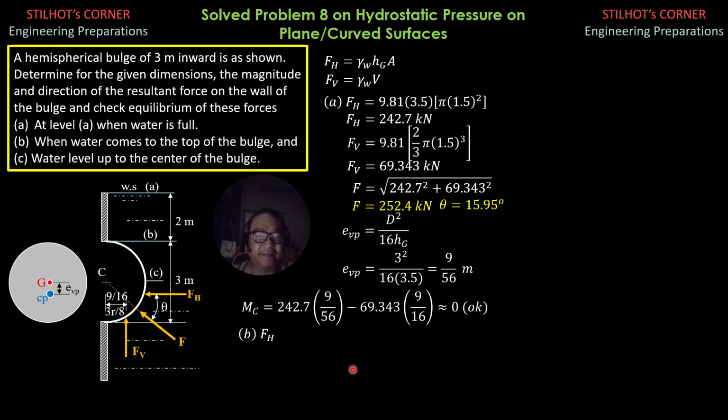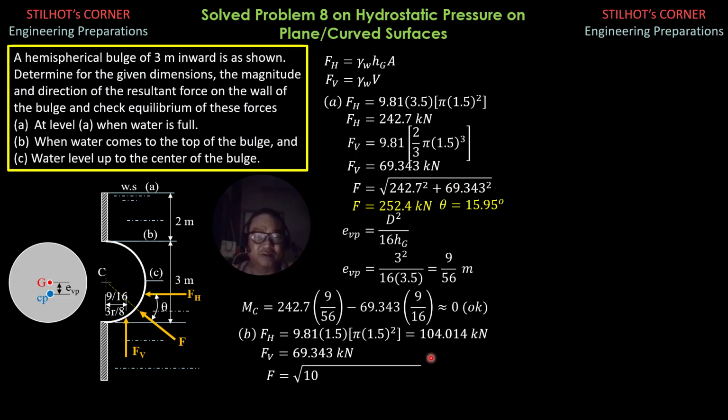Let's proceed to B. FH is 9.81, HC this time is 1.5, distance from water surface to centroid. Then area is the same, 104.014 kilonewtons. FV is the same, 69.343 kilonewtons.